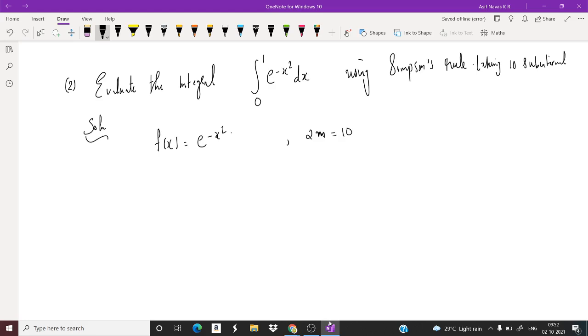In Simpson's rule we are taking 2m subintervals, and a equal to 0, b equal to 1. Therefore, h is equal to 1 minus 0 divided by 10. That is 0.1. Okay.